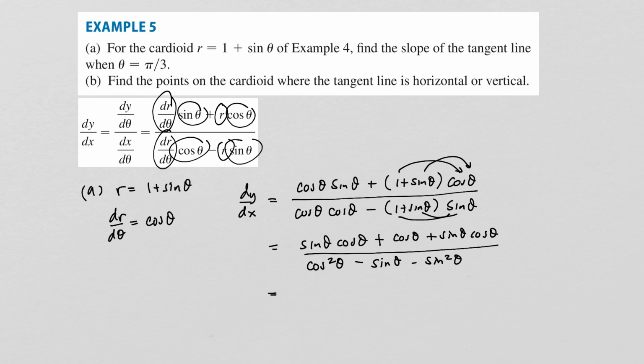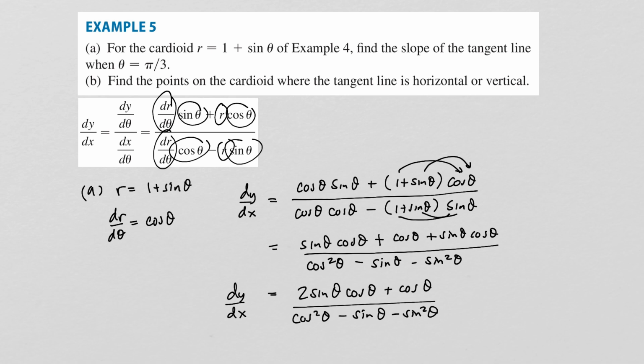A little bit more simplifying we could do in the numerator is combining like terms. We have 2 sine of theta cosine of theta, plus cosine of theta, all divided by cosine squared theta minus sine of theta minus sine squared of theta. So this is our dy/dx.